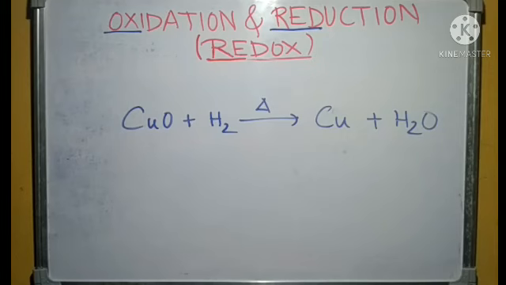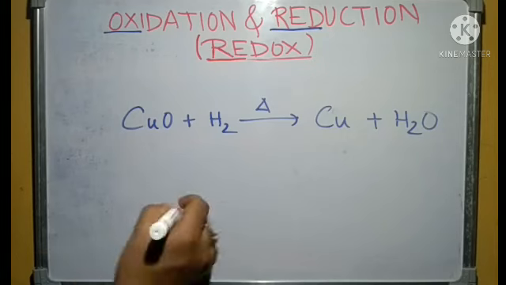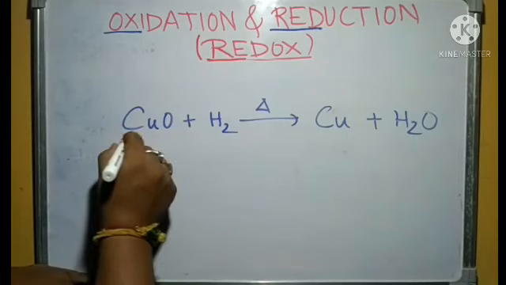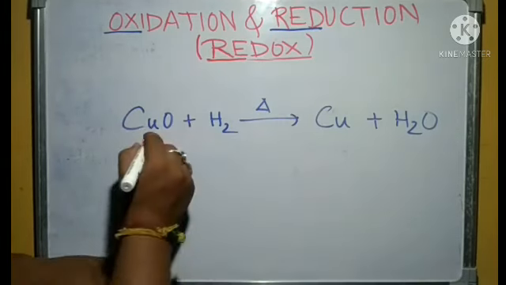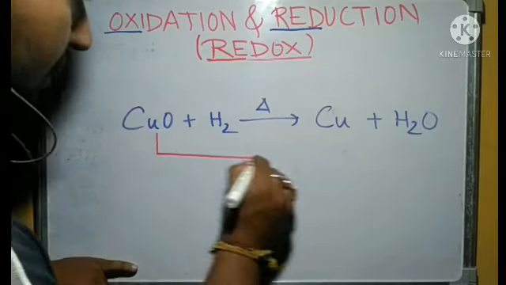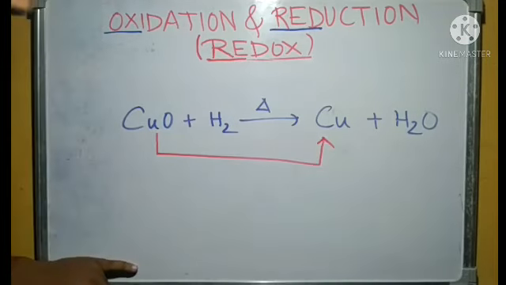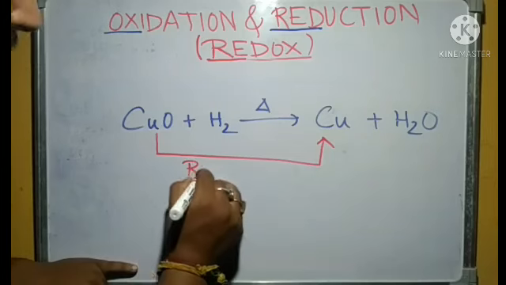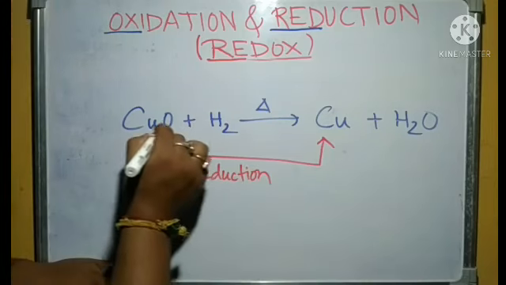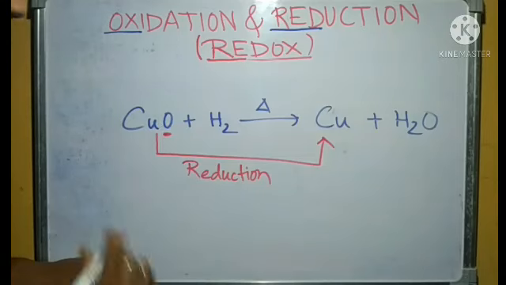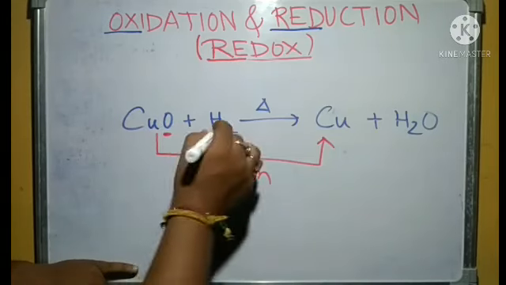Okay, so in this reaction, just a while ago I explained that copper oxide is reduced to copper. So the copper oxide to copper, in this process what is happening? Reduction. Yes, this is clear because the copper oxide loses this oxygen and this oxygen goes to hydrogen.